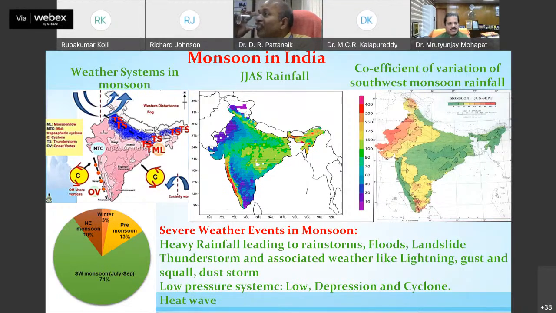As you can find out from this graphic, the southwest monsoon for the country contributes about 70 to 90%, on the average 74%, of rainfall during June to September.